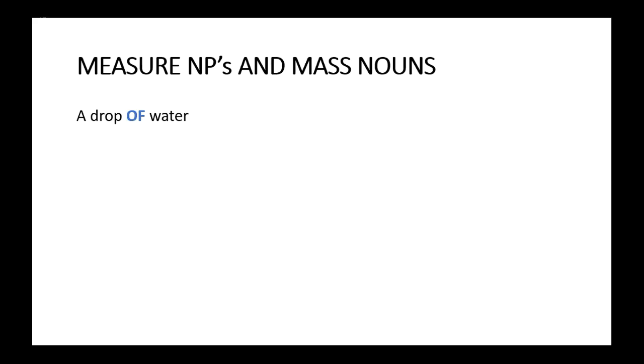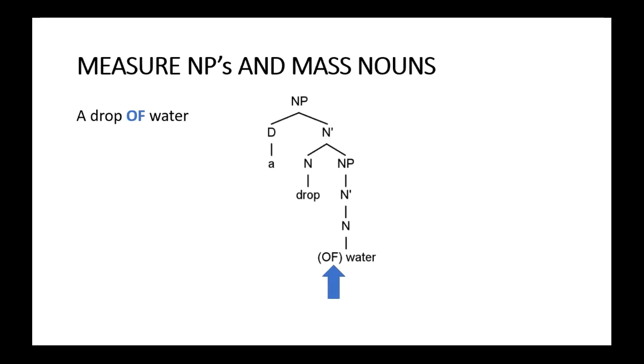Show me the structure for a drop of water. Okay, so again, the measure noun phrase takes a complement, and the complement is the mass noun, and we get an inserted of. Notice again that this is very, very common.